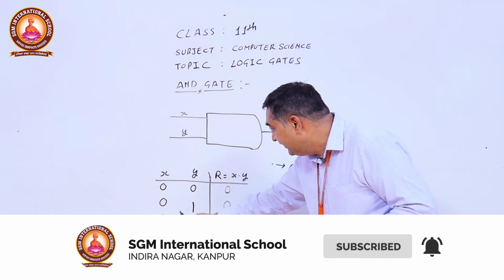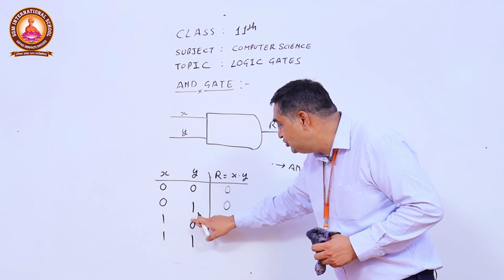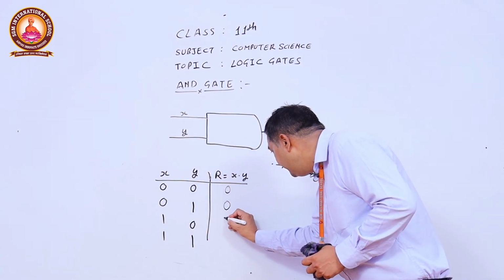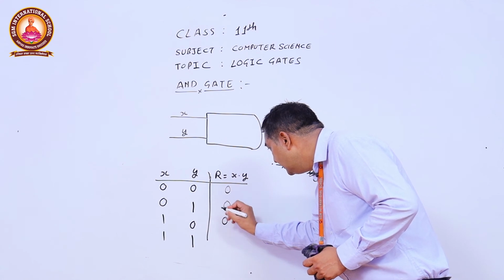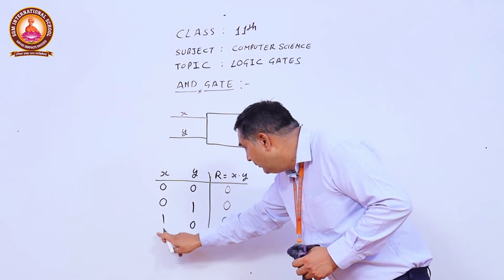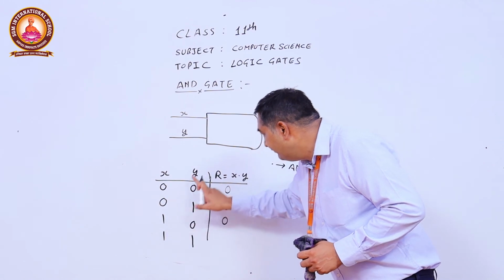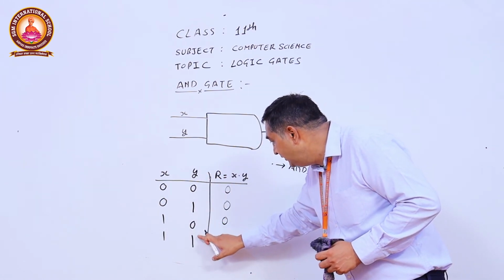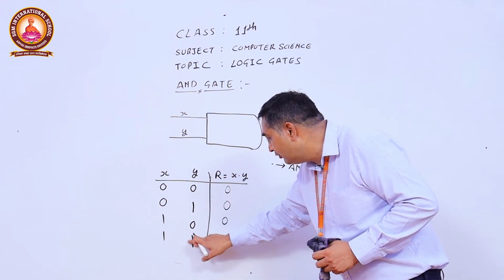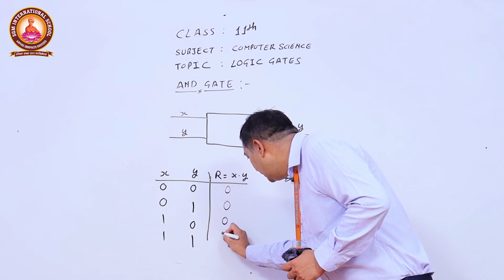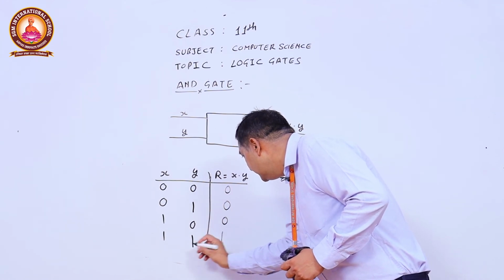As per the rule, if any input is 0, the output will be 0. Then at this line both are high. The value of X is 1, the value of Y is 1, both are high or 1, so the output will be 1.